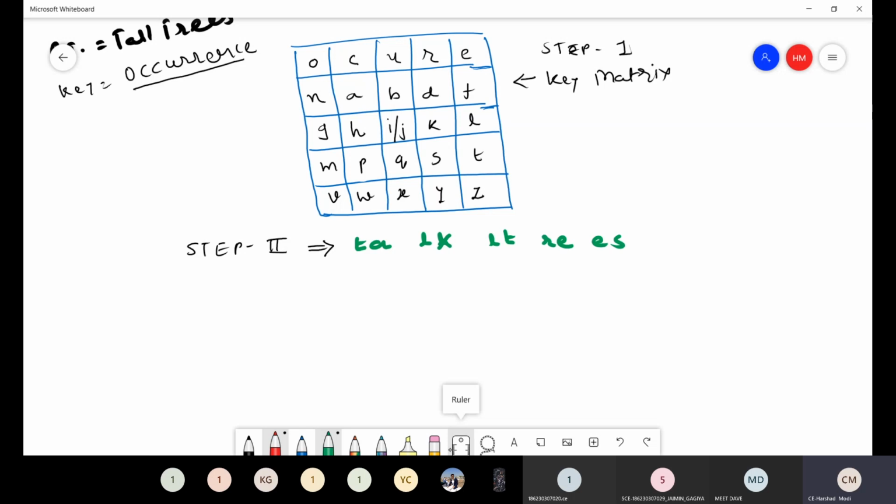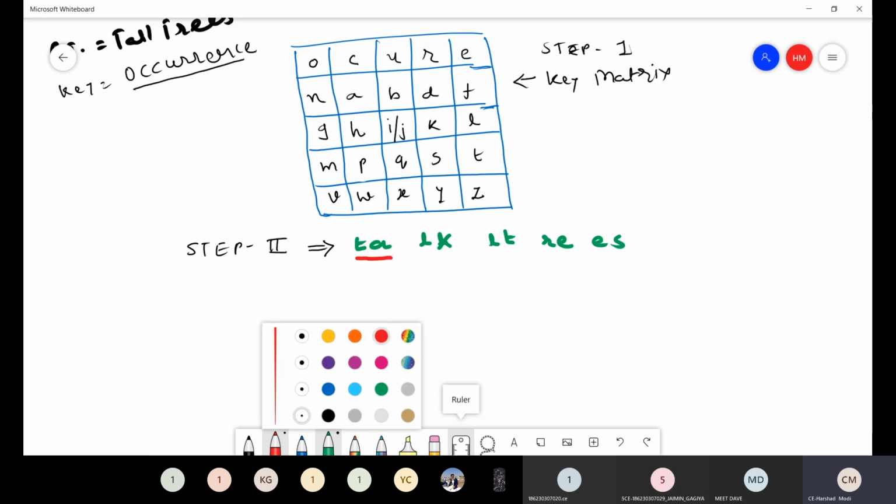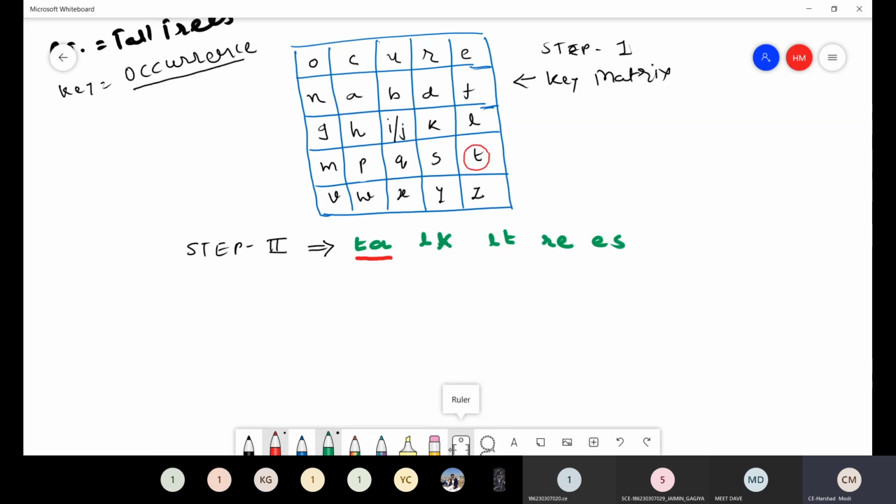Now we have to see the position of each letter of each pair. So the first pair is TA. We have to see where is the T and where is the A. So see, T is here and A is here.